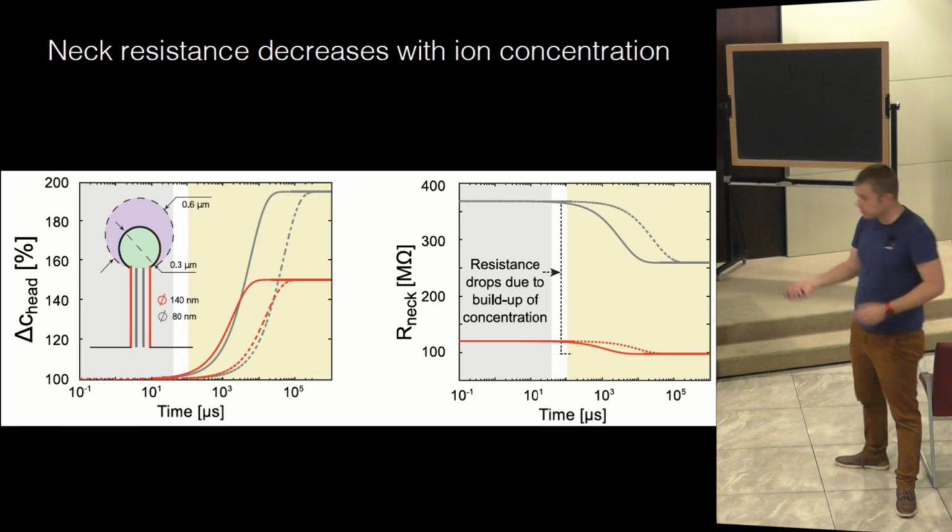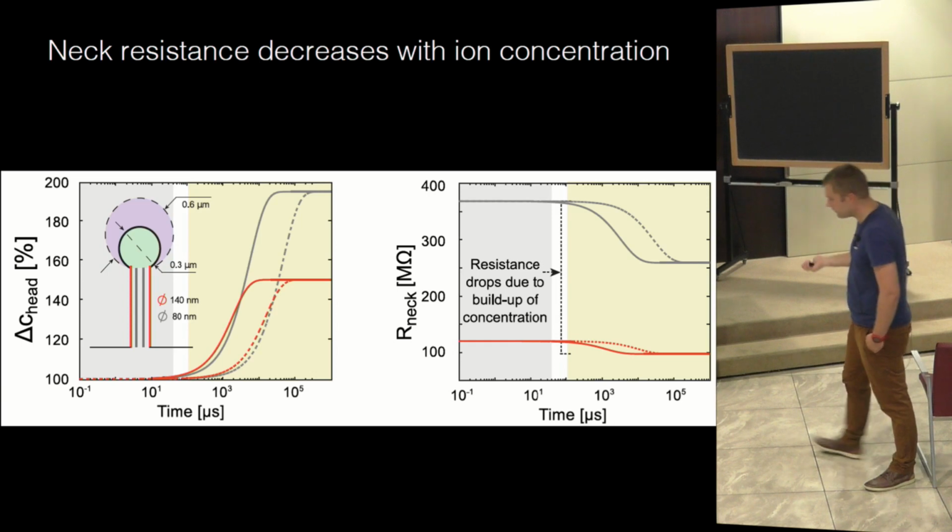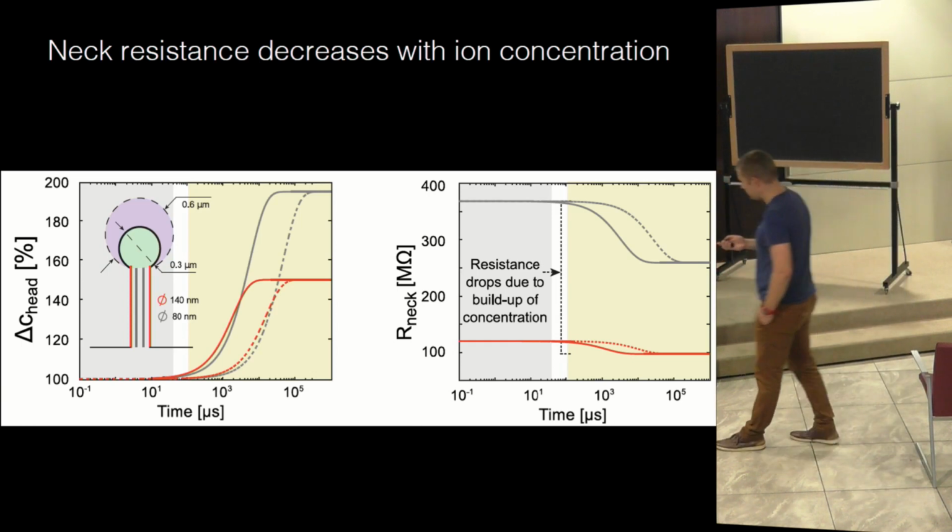So if you increase the concentration, you decrease the neck resistance. And the neck resistance for this tiny neck, initially with the parameters of the model, is around 40 megaohms, and it's going to drop to less than 30. So almost a one third drop. And this is the same for the red curves, but initially the neck resistance is much lower.